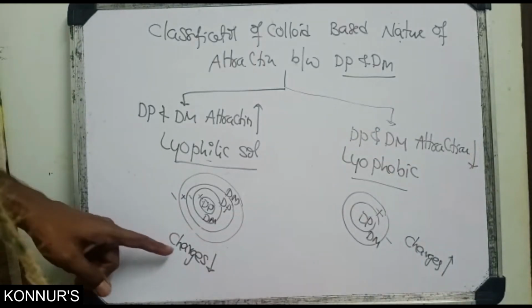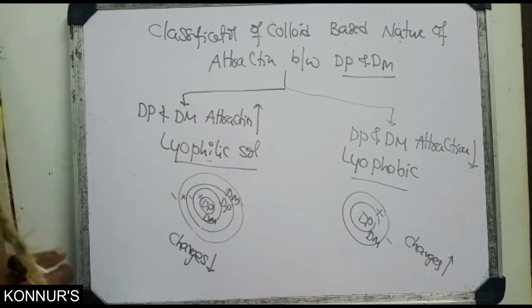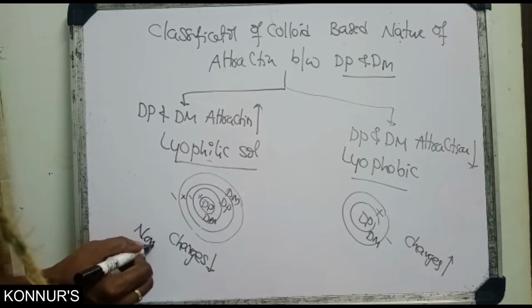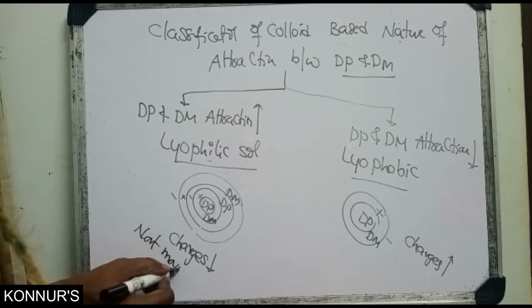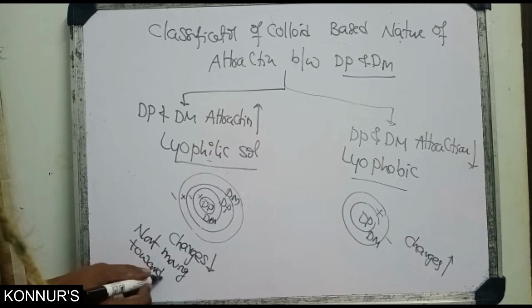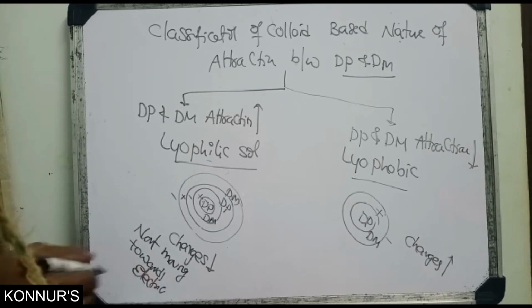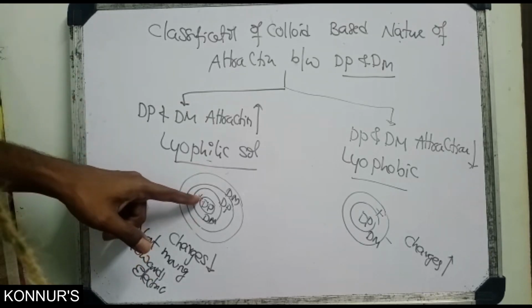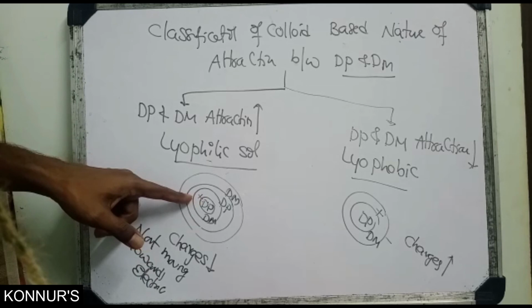Here the charges are less, so if you connect with electrical current, these are not moving towards the electrodes. If you apply current, these do not move because the positive charge decreases, neutralized with negative.